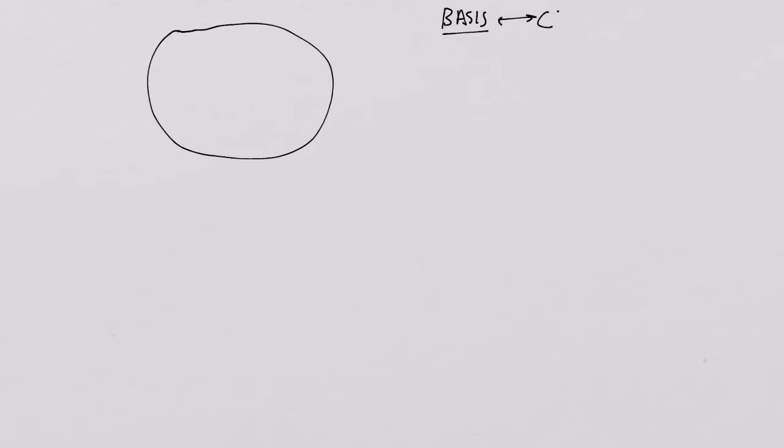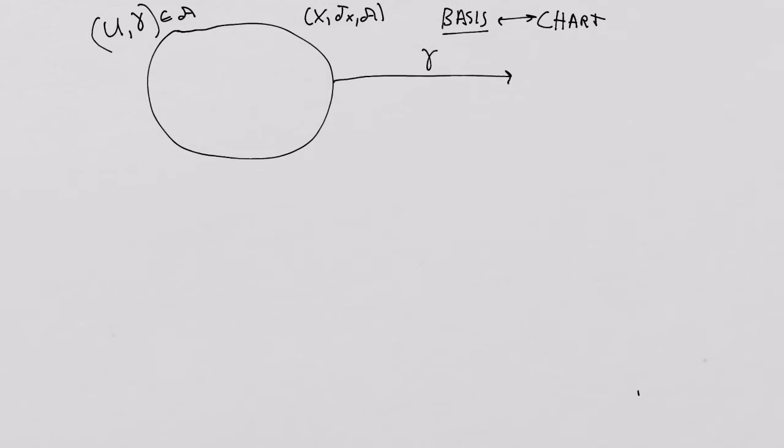So I'm going to call this thing here the chart, that would be U plus its chart mapping, which I'll call gamma. This is actually a piece of the manifold, which is going to be x, tx with an atlas, and this is just an element of the atlas. And gamma, of course, takes this thing to some R^D. So the whole chart region gets mapped over here to gamma of U.